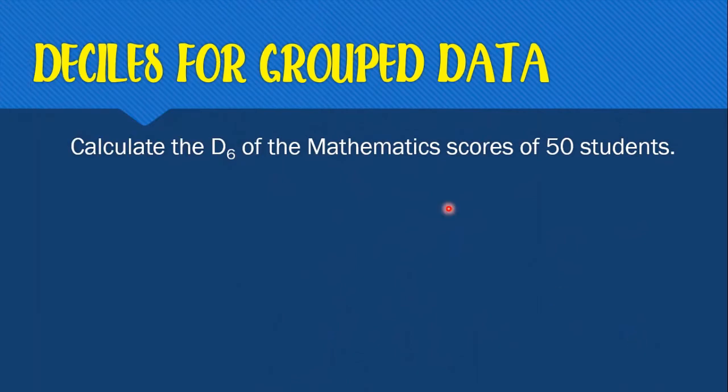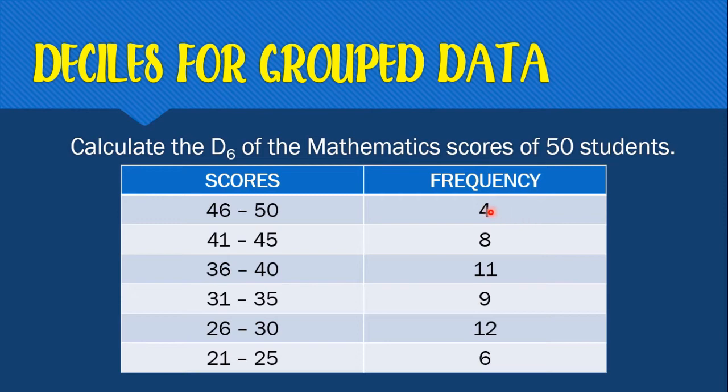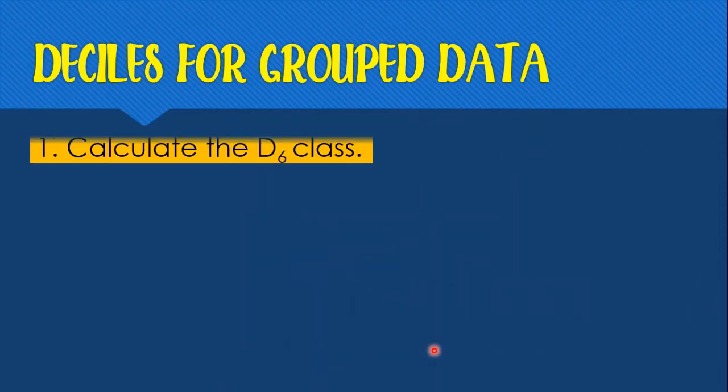Now, to compute for the deciles for grouped data, we'll be using the same manner. So let's have an example. Calculate the 6th decile or the D sub 6 of the mathematics scores of 50 students. So given again the same table, we have the scores and the frequencies. First step is to calculate the D sub 6 class.